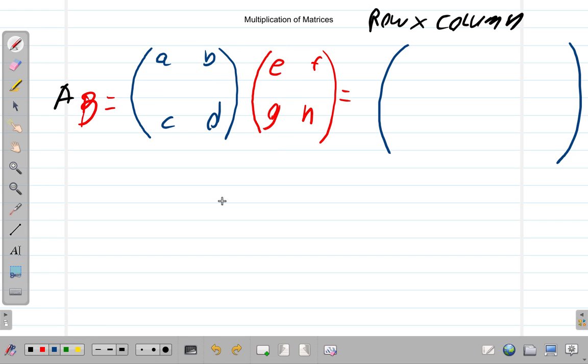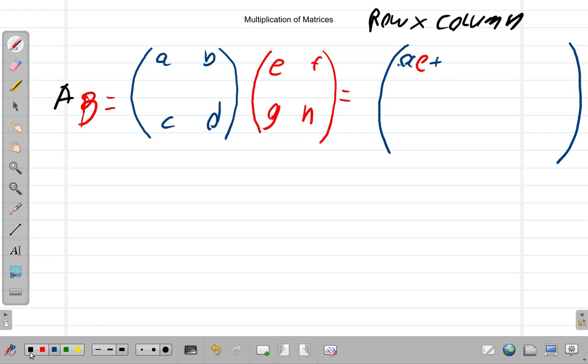Alright? Now, what you do is multiply the first elements. So, it will be A times E plus, and then the second elements.